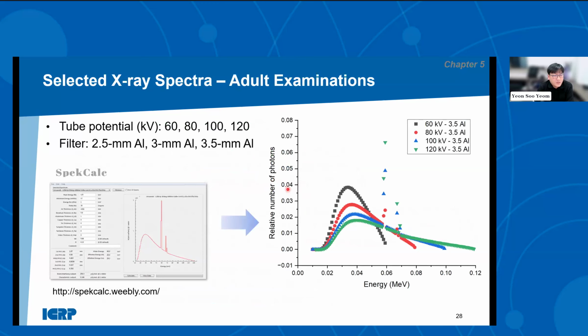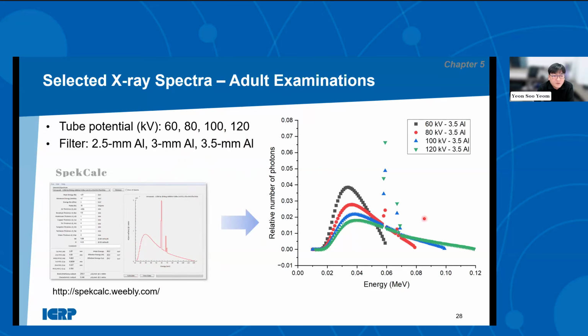For other examinations, we selected X-ray spectra depending on 4 different tube potentials, combined with 3 different aluminum filter thicknesses. These X-ray spectra apply for all other examinations. The spectra were obtained from the SPEKTR program, which is a very well-known program to generate X-ray spectra with many different parameters.